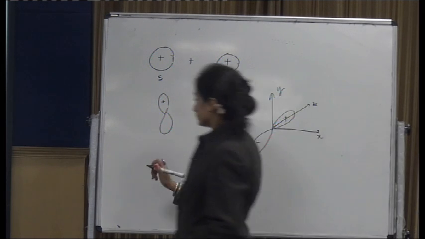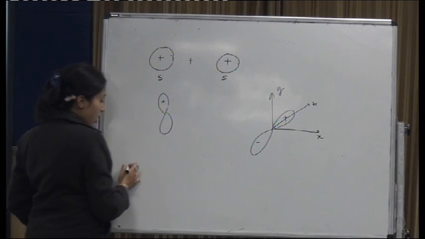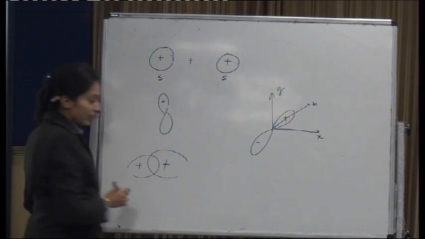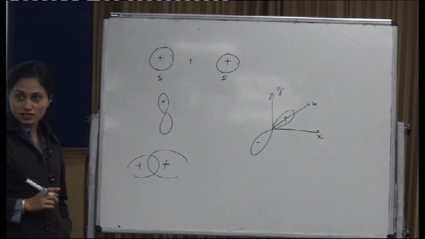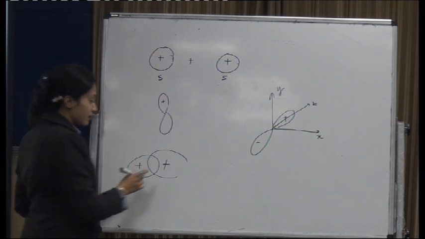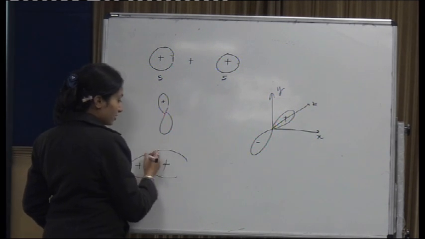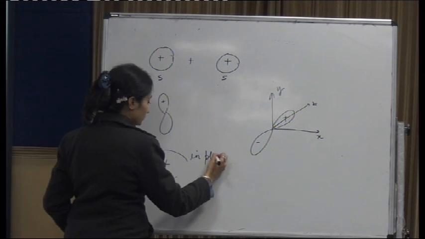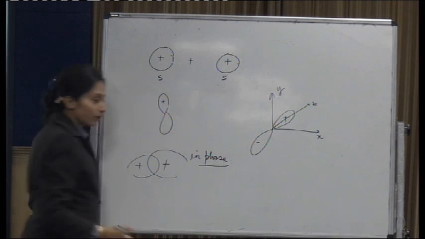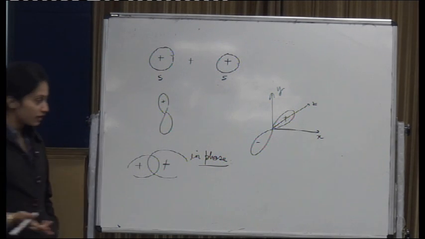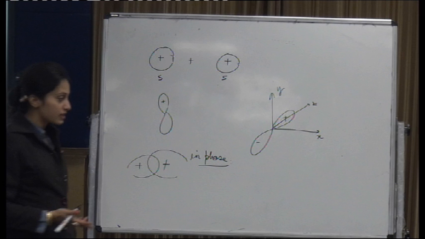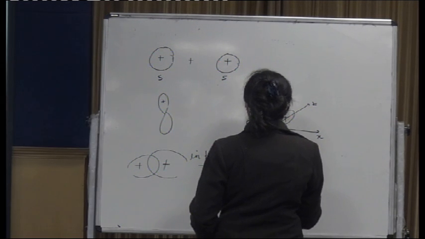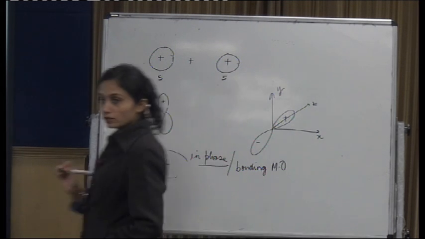Now another thing, whenever you have a positive interacting with a positive, you will say that the combination is in phase, and what you are going to get is a bonding molecular orbital.